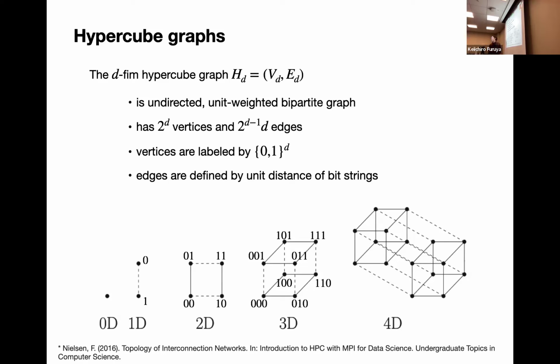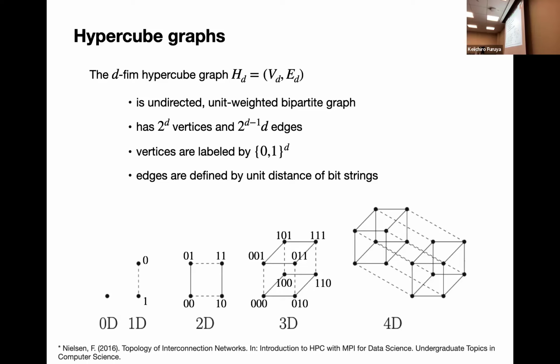Bipartite means you can split the vertices into sets that only connect across the sets, not within a set.